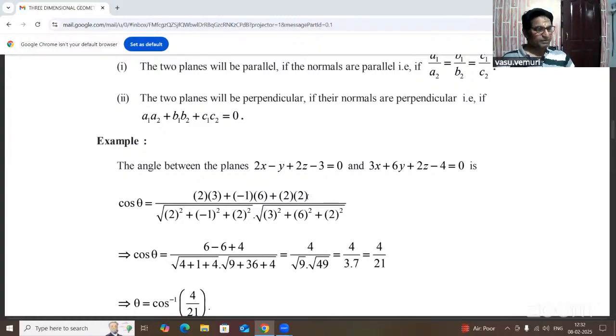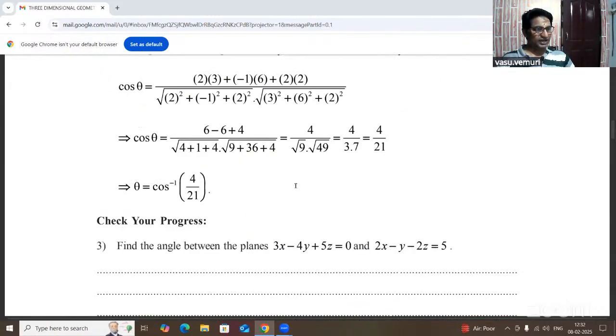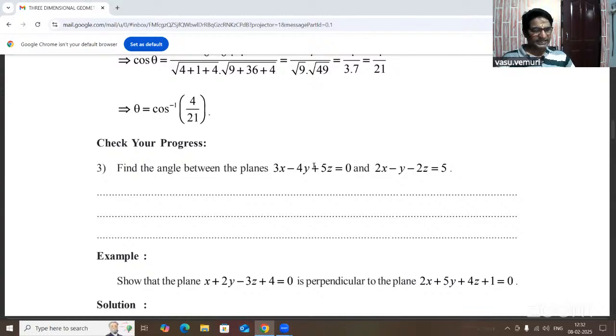After simplification, root 9 is 3 and root 49 is 7, so the denominator value is 21. Finally cos theta equals 4 by 21, and the angle theta equals cos inverse of 4 by 21. That is the condition. Now let us practice a problem.